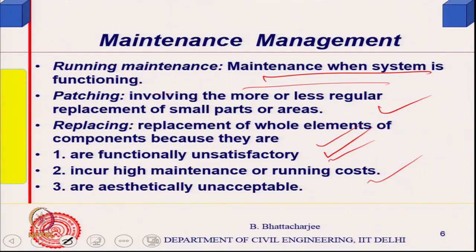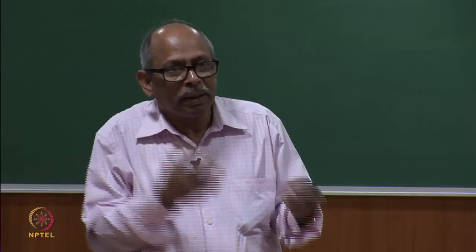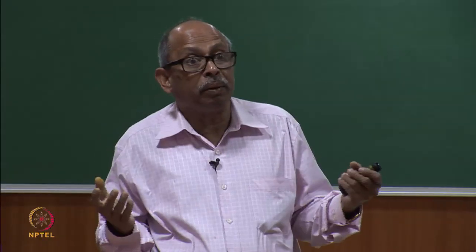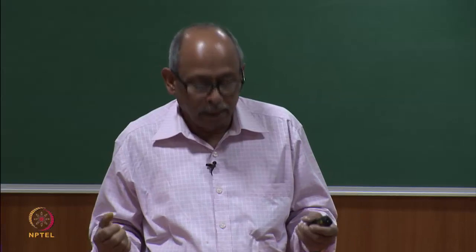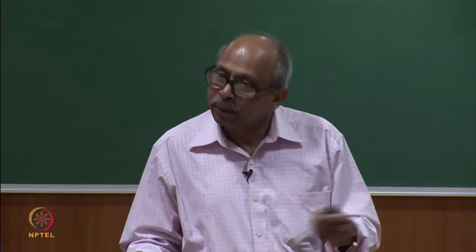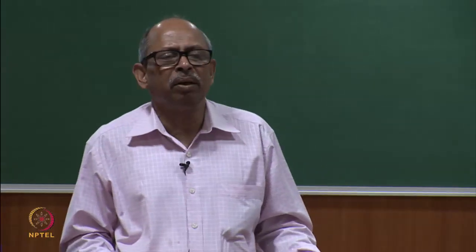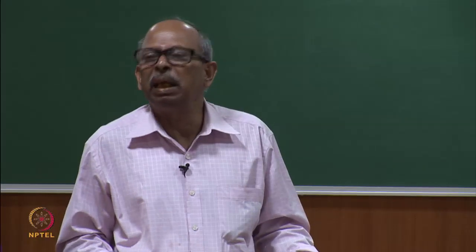Now, supposing too many patches start coming. This year I replace, next year I find a lot more patches coming, then maintenance cost will become too high. So, I might replace them. And then aesthetically unacceptable, if it looks ugly.